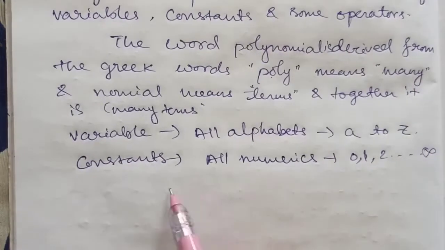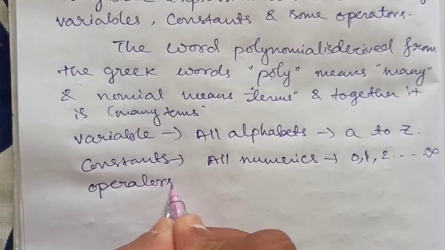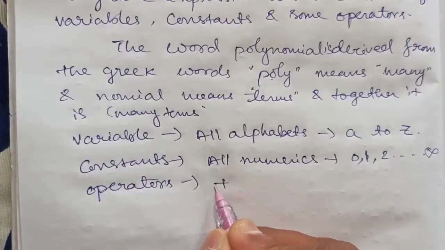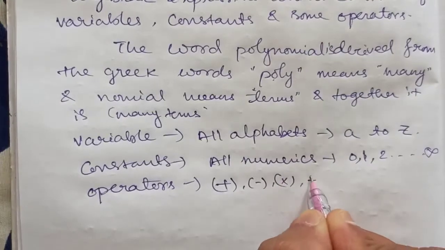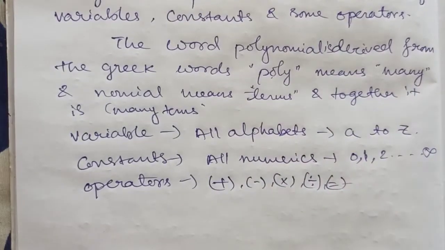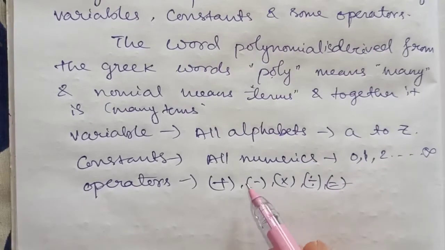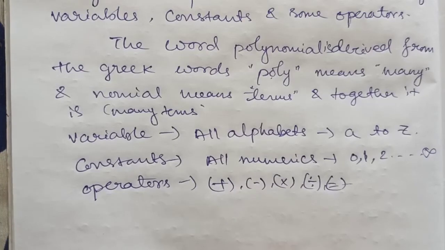All the numbers are constants. What is an operator? Operators means all the symbols, that is plus, minus, into, division, equals to. These are all our operators. So by combining everything we will get polynomials, that means equations.